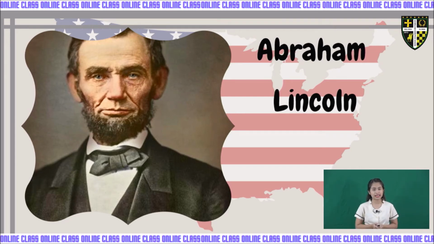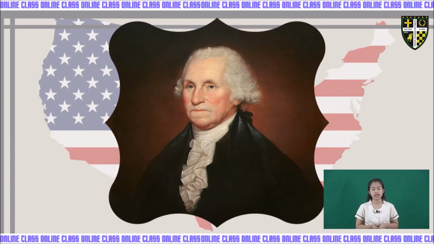So again, we have two presidents that we have to remember. The first one is George Washington. He is the first president of the United States, and Americans call him the father of our country. He was born on February 22, 1732.